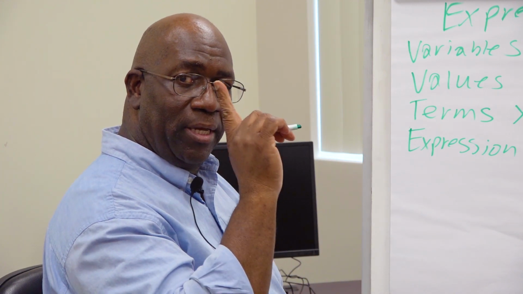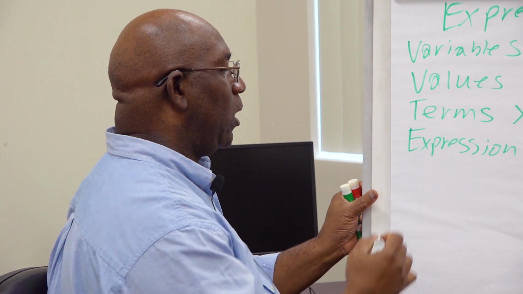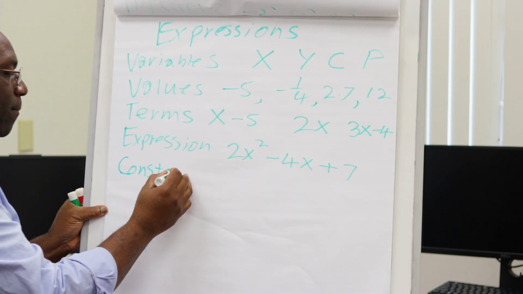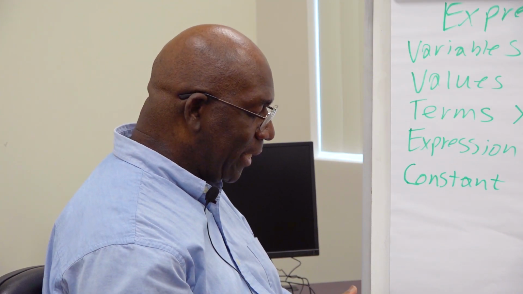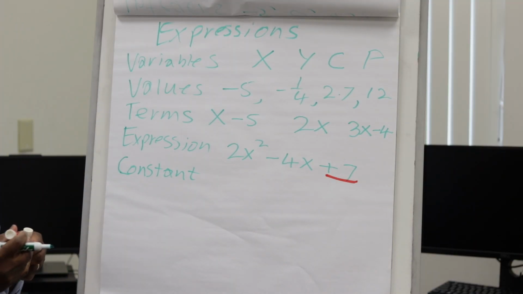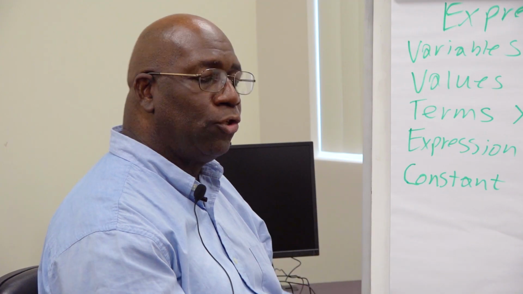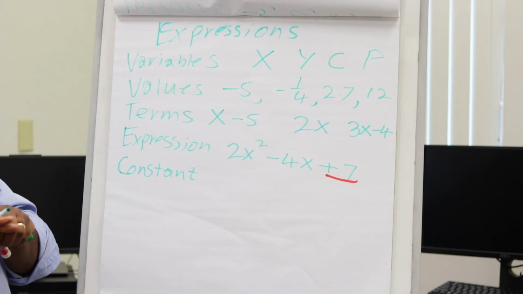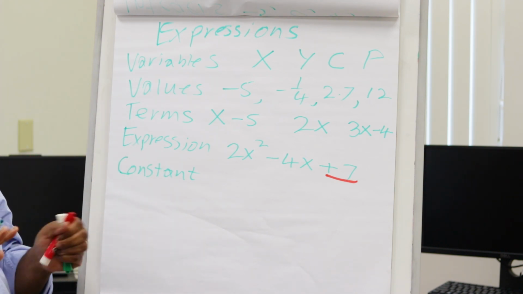There is one more thing about the algebraic expression that you need to know. Two more things, in fact. One is called a constant. A constant in an algebraic expression would be, for example, this 7. This 7 in this term is called a constant because it's a single value that's separate from any variable or anything else.